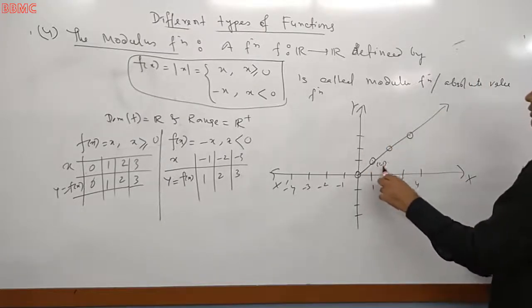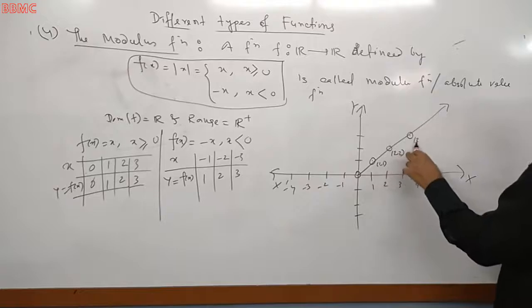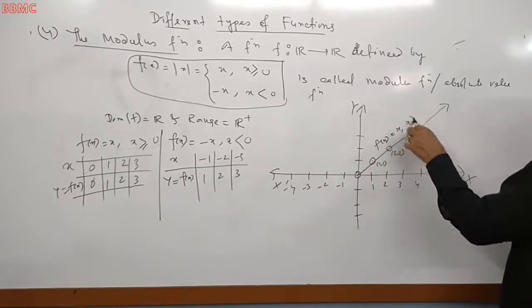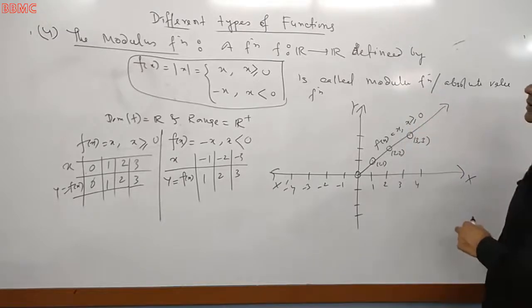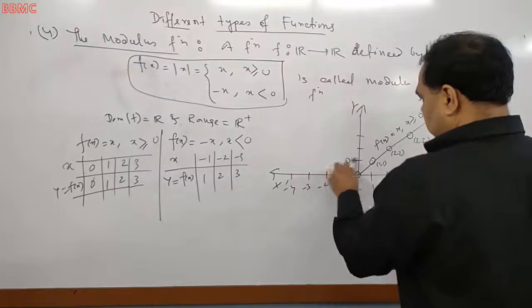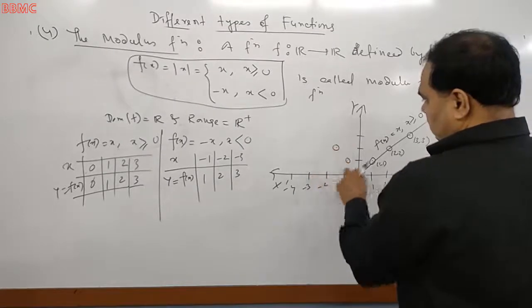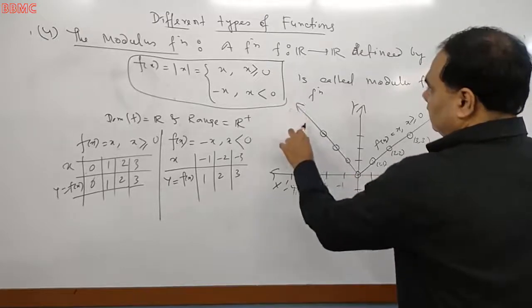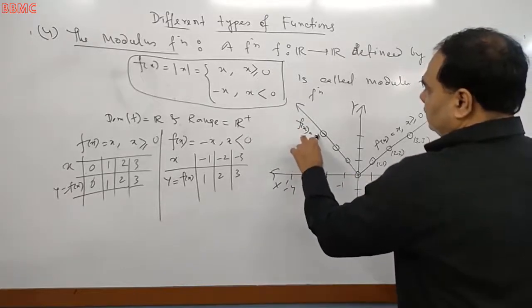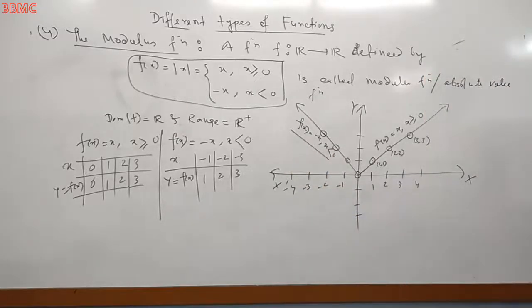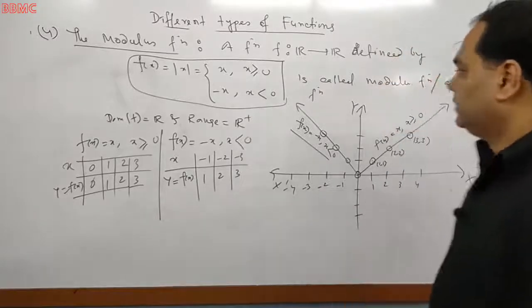This is f(x) equal to x, x greater or equal than 0. Another: minus 1, 1; minus 2, 2; minus 3, 3. This is f(x) equal to minus x, x less than 0. This is the graph of a modulus function.